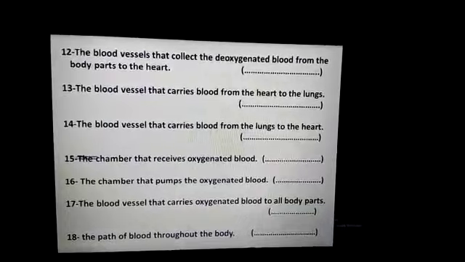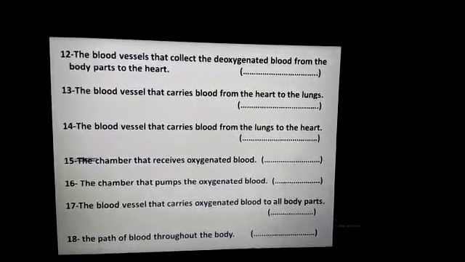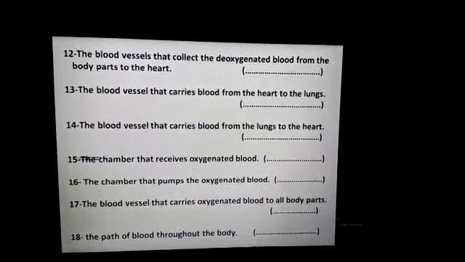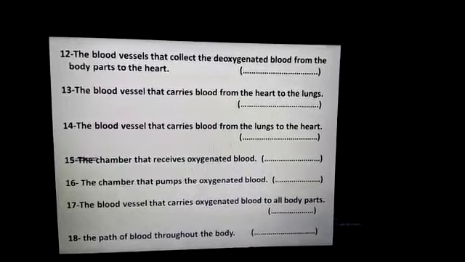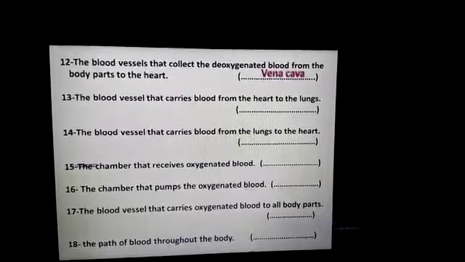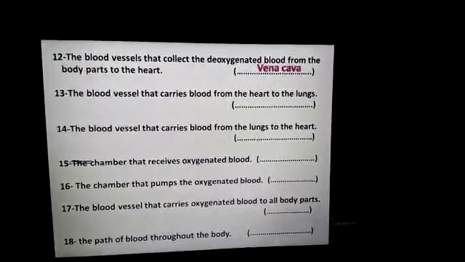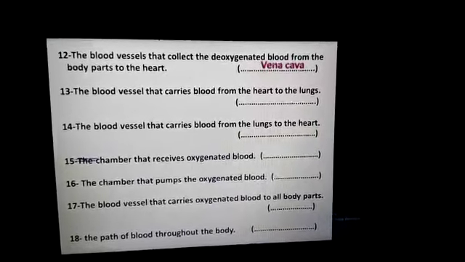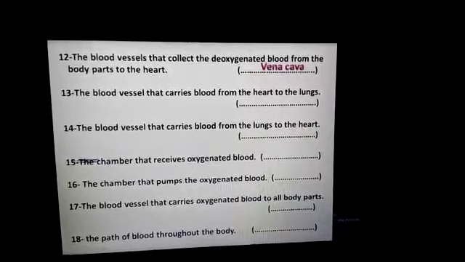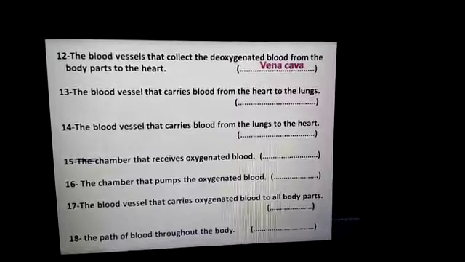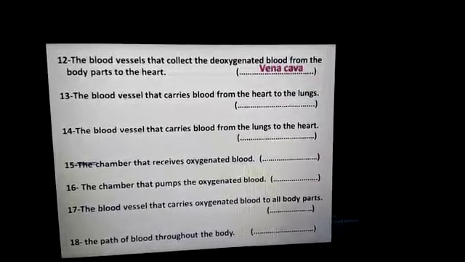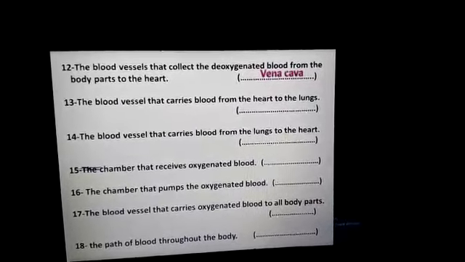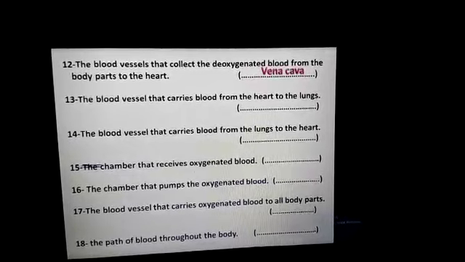Number twelve, the blood vessel that collects the deoxygenated blood from the body parts to the heart: vena cava. Vena cava collects the deoxygenated blood from all body cells and carries this deoxygenated blood to the right atrium.